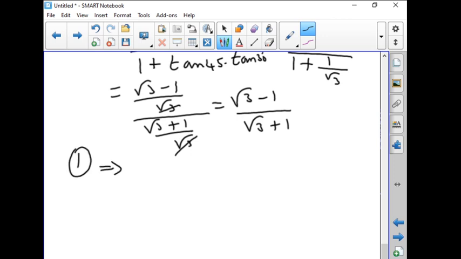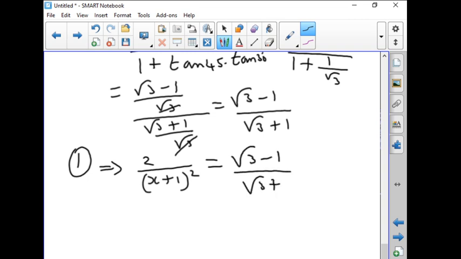Therefore, 2 by x square plus 2x plus 1 is nothing but x plus 1 the whole square, and it is equal to root 3 minus 1 by root 3 plus 1. Okay. So now here we also have to rationalize the denominator.